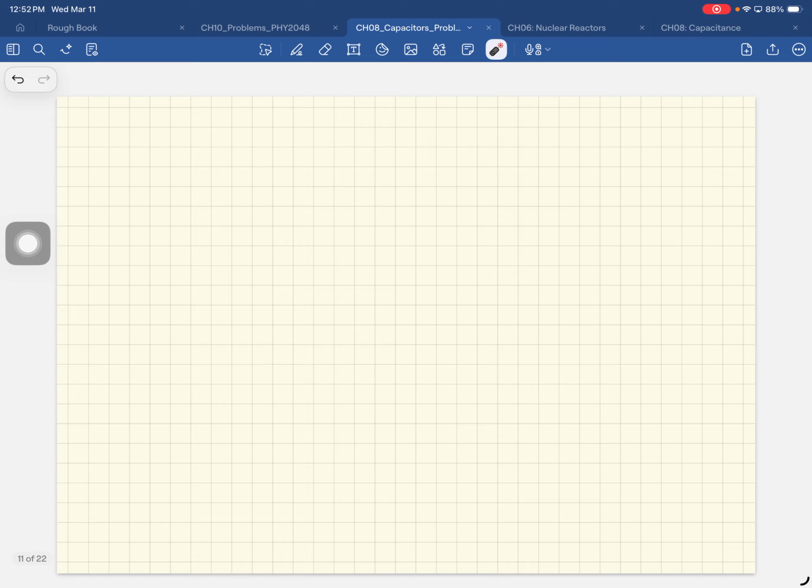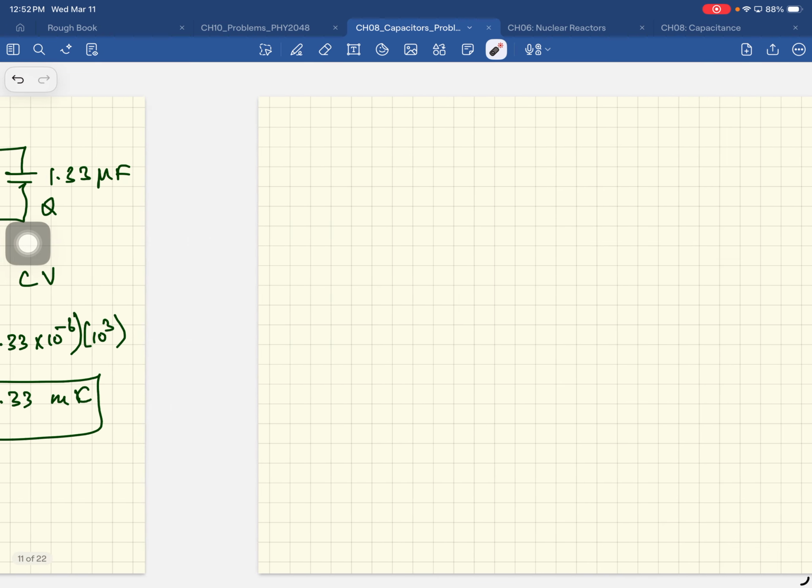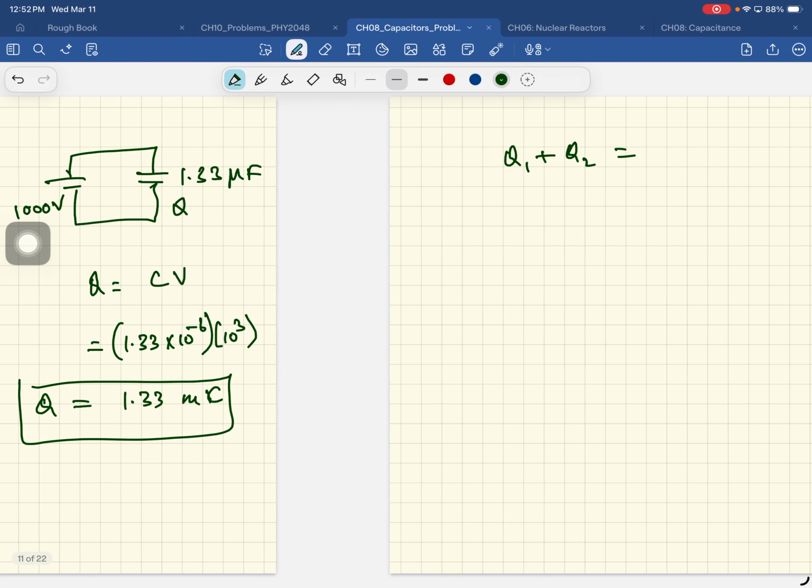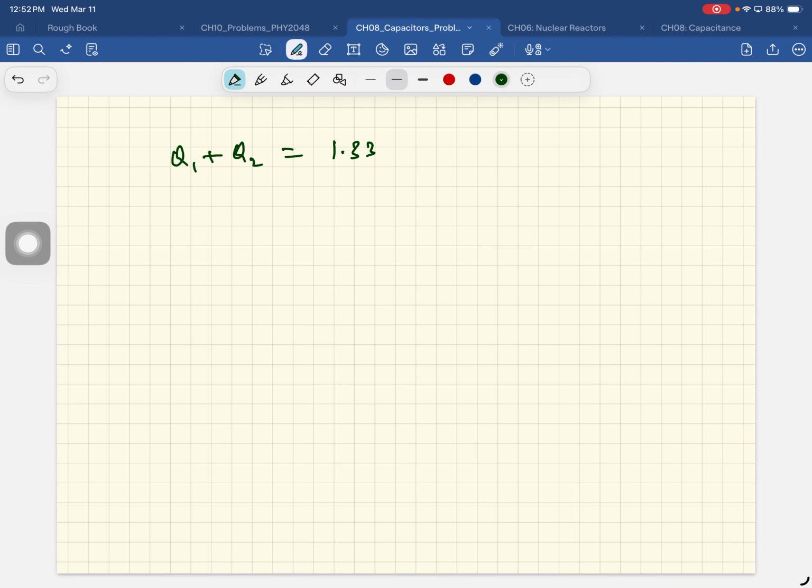So this is millicoulombs. Q1 plus Q2, we can work in millicoulombs, is 1.33, and Q1 over C1 equals Q2 over C2.